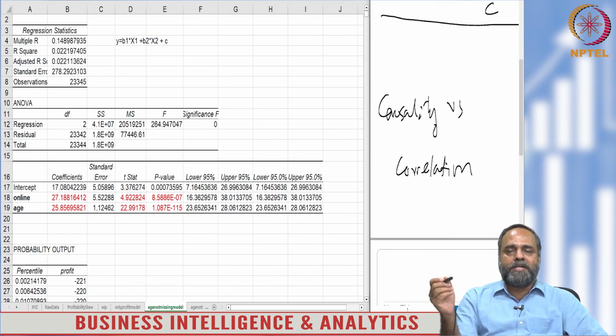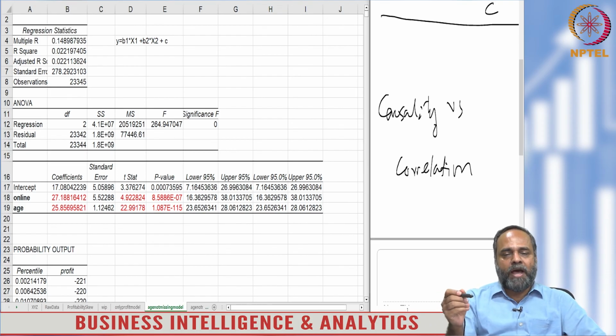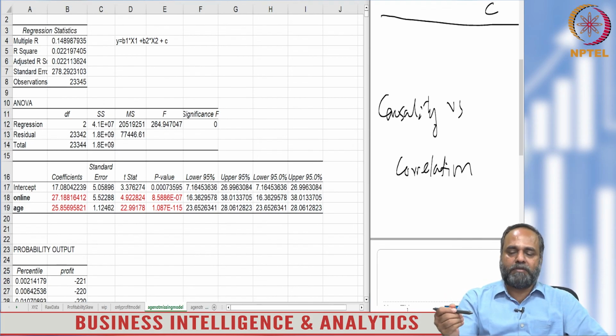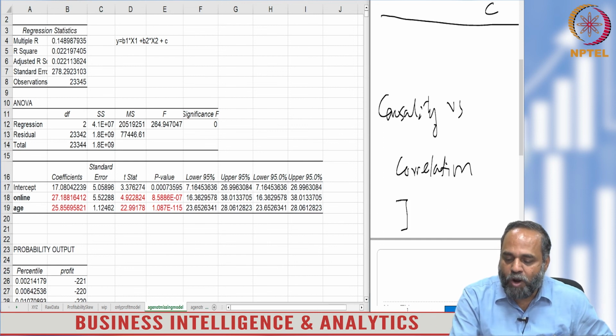So, in order to address the problem of causality, the analysis that I did is not enough. There should be correlation, but I cannot conclude that online customers became more profitable because they became online. I need to look at their status before and after.